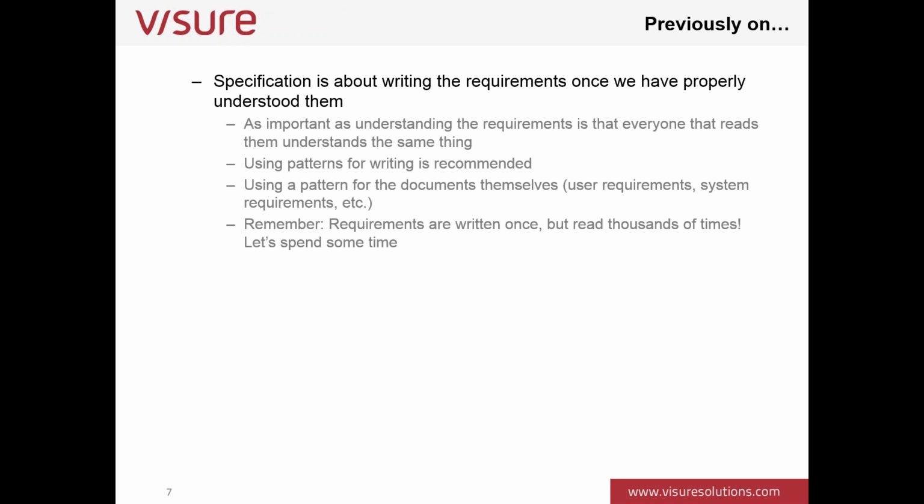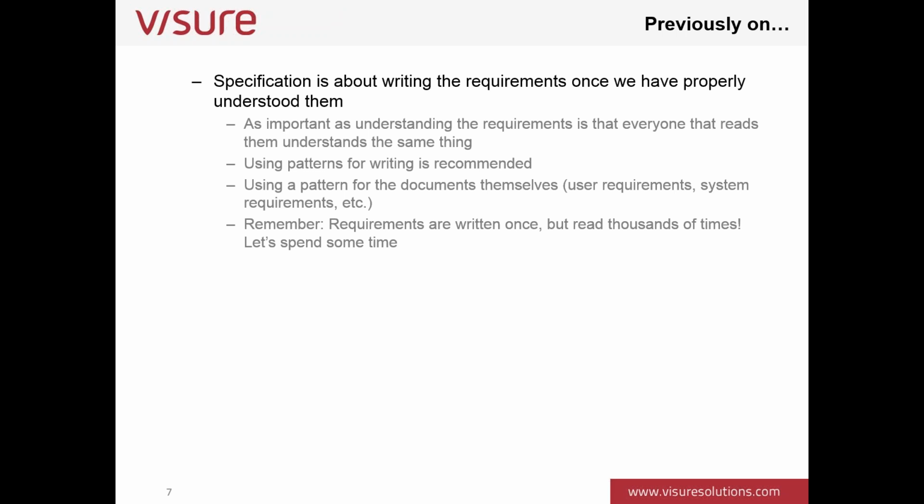So as important as understanding the requirement is that everyone who reads those requirements understands the same thing. Usually using patterns for writing the requirements is recommended, for the single requirements themselves and for the whole requirement specification. We will say more about that in today's webinar.